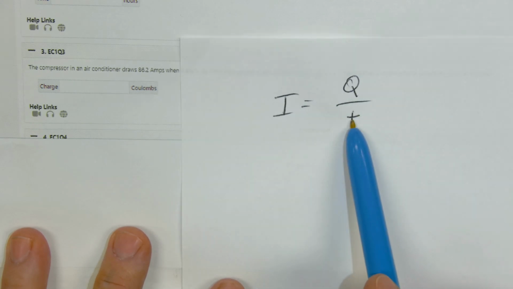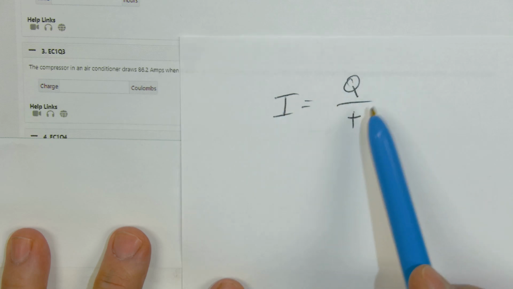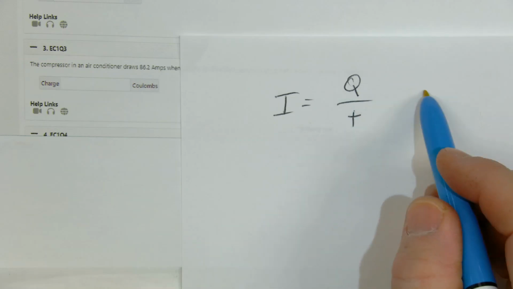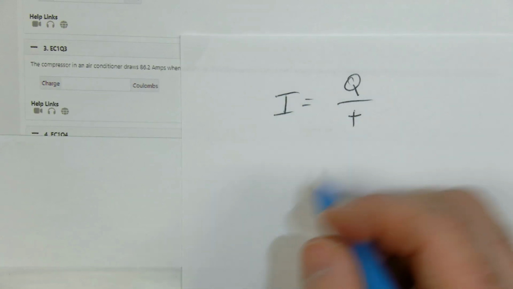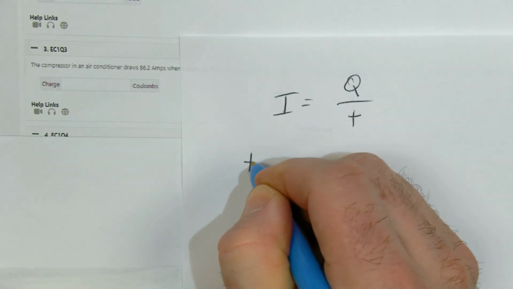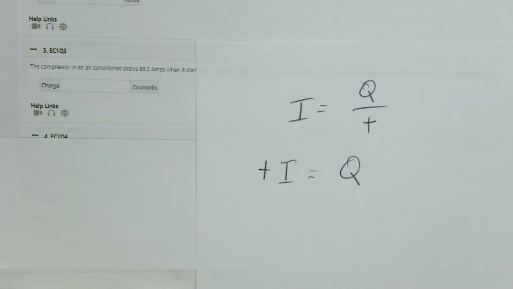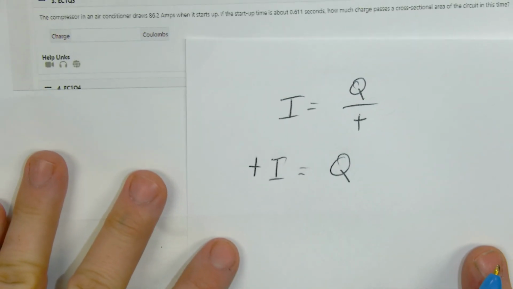It's giving you time, and it's giving you current, and it's asking you to solve for Q. And you can do this in any order you want, but if I was doing this, I would just go ahead and solve for Q before I start the equation. And you know that if you multiply both sides by T, you would find that T times I is going to equal Q.